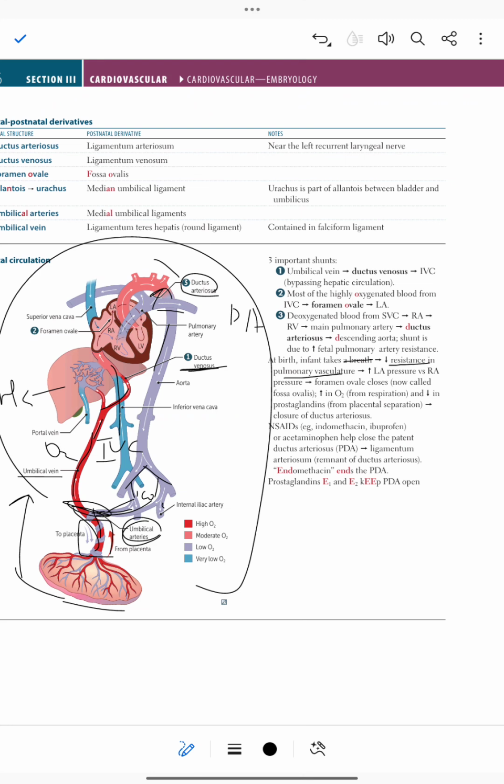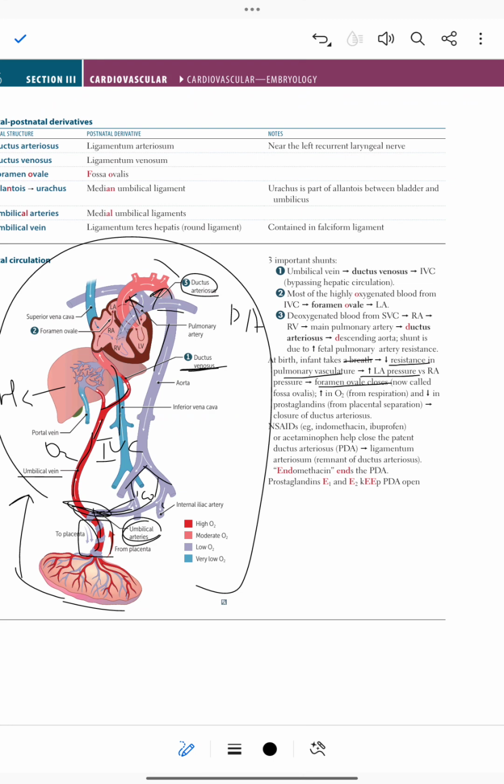Decreasing of resistance can lead to increasing of left atrial pressure. Left atrial pressure increases rather than right atrial pressure, so it can lead to closure of foramen ovale. Then it's called fossa ovalis.